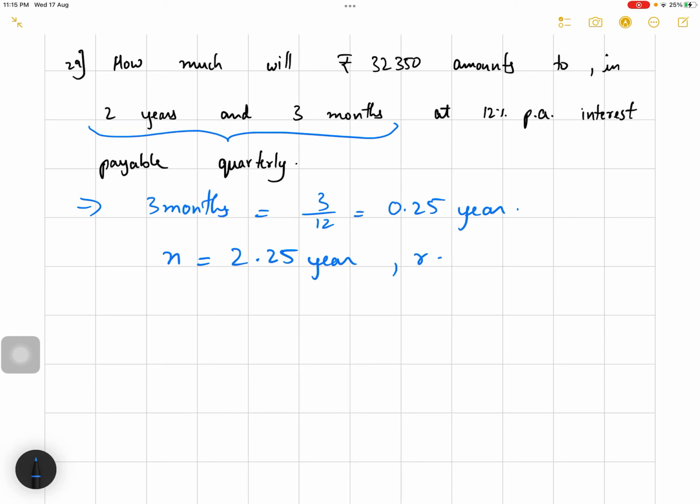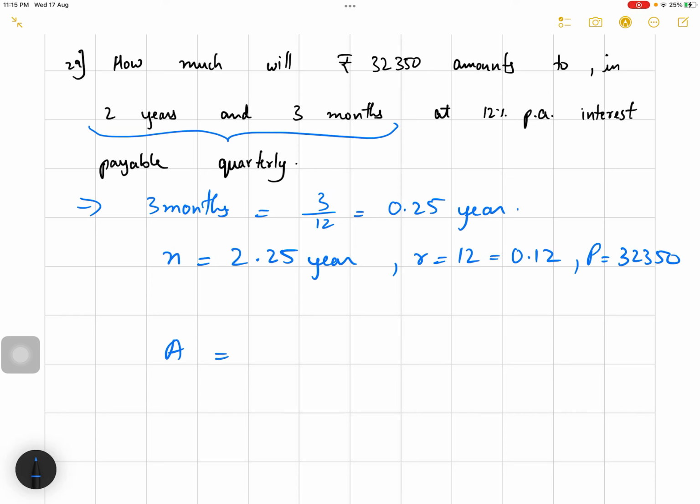r is 12%, which means 0.12. It's payable quarterly. P is given as 32,350 and you are supposed to find A, right?